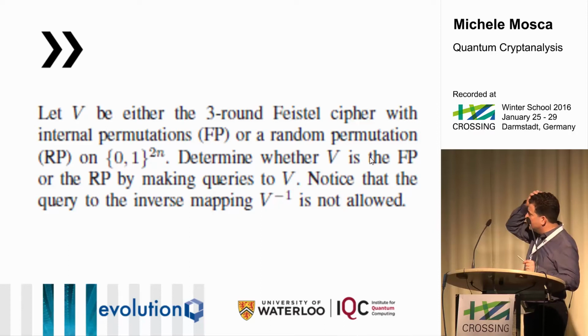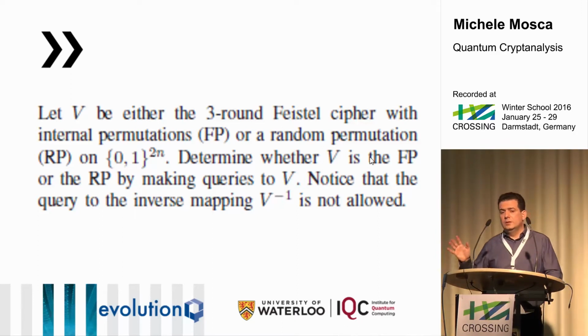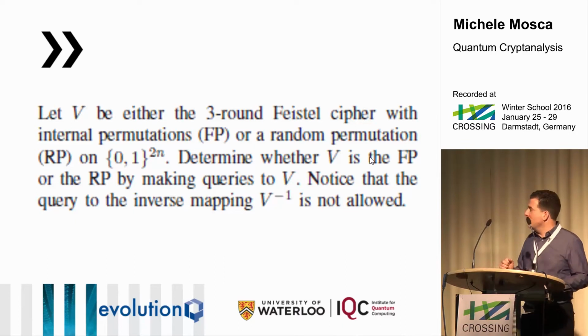Right, the task is to decide: I give you an operator that is either the 3-round Feistel cipher permutation with these internal permutations, or a real permutation on 2n bits. And you have to distinguish which is the case.